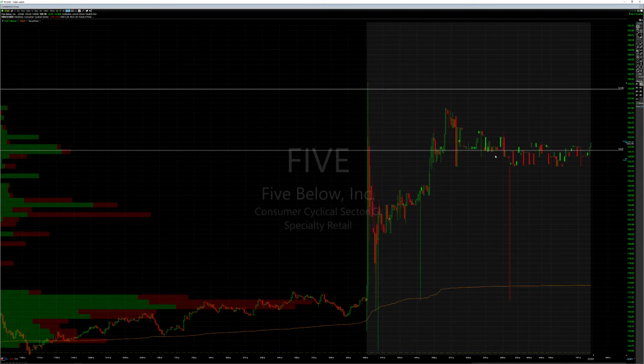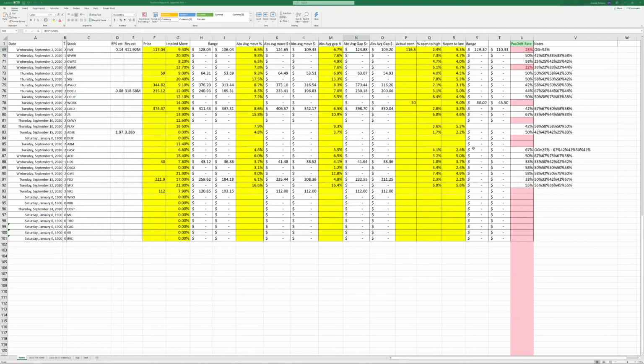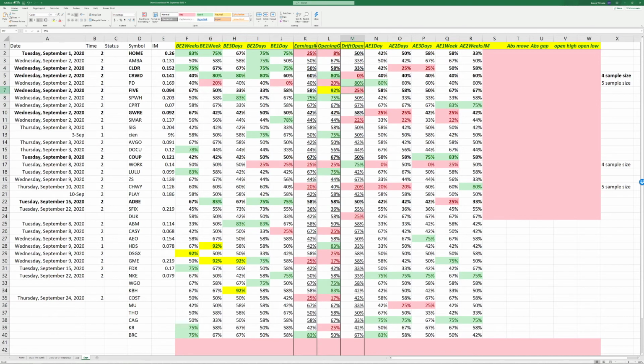So now tomorrow, this is just one play. Now tomorrow, if you wanted to play it, I don't know what Five's going to do. Their earnings were good. We could completely go against this data, but what the data says historically is Five gaps up 92% of the time and fades off. So it's going to close below its open. We've only got 5 sample size.